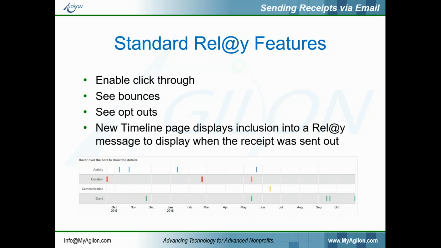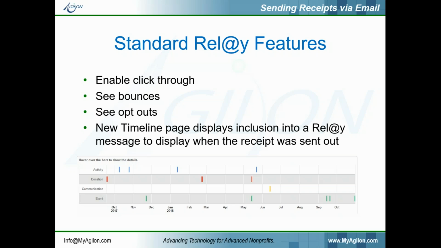And so they'll show up on this opt-out list as someone who has opted out of this particular kind of Relay campaign. So we may want to use that information and set their preference within the preferences section that we have set up, so we send them an email or a letter version right away.